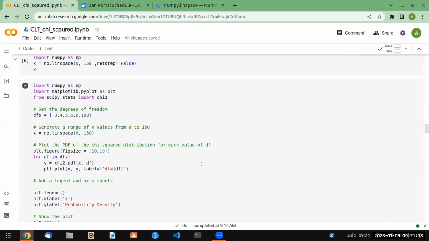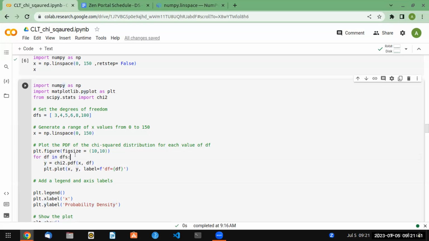So for this X and degree of freedom 3, this is the first iteration. Calculate Y. Now tell me, what is the data type of Y? Array. Everyone agrees with that? Array or a single point?